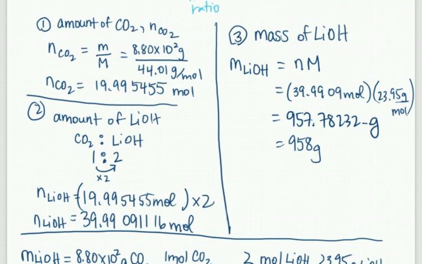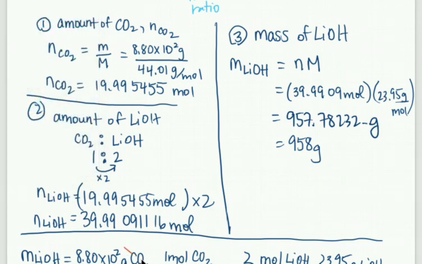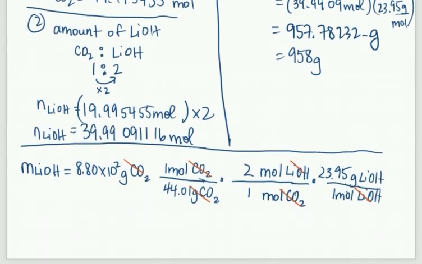I always write the units out in detail, so moles of lithium hydroxide, moles of carbon dioxide, so that when you're slashing things out, you know you're canceling out the right things, everything's the right way in the formula, then you know you can calculate your values. All right, and I'm just going to double check this by calculating it out again to make sure I did the other one right.